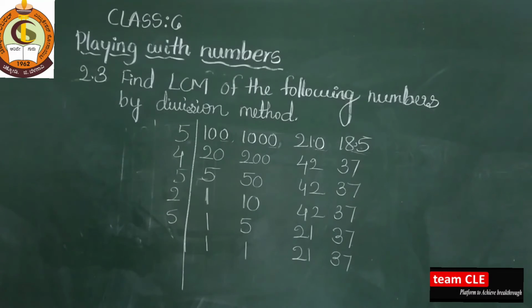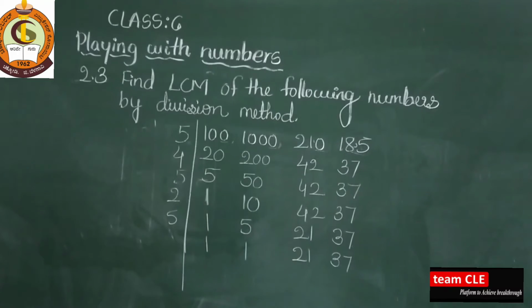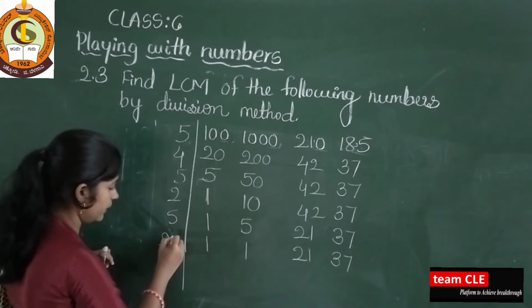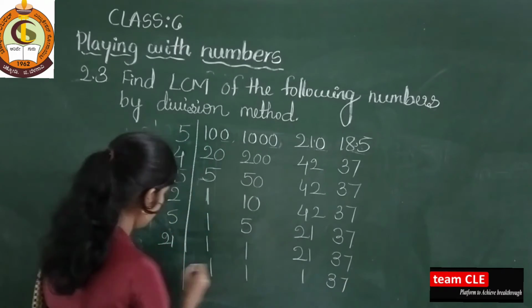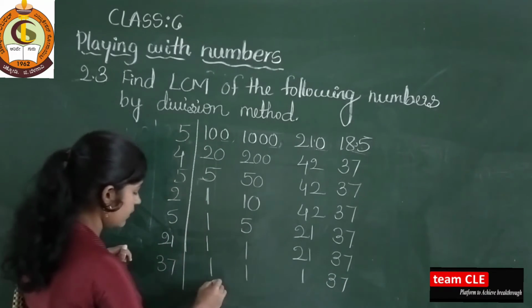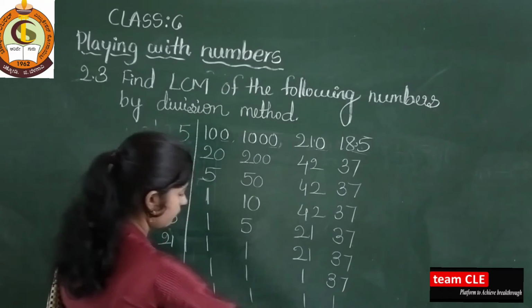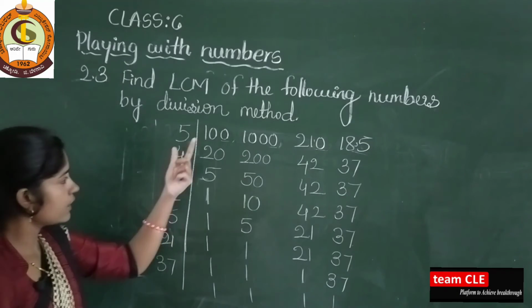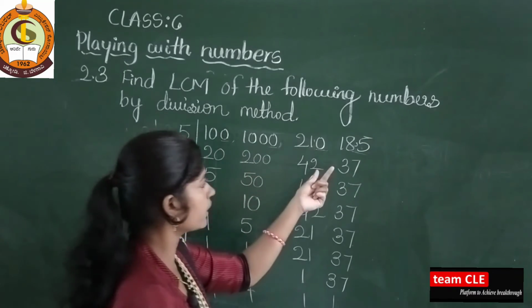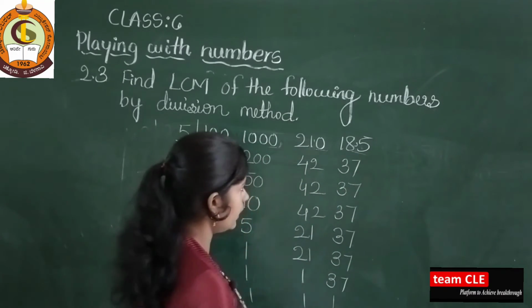Again you take 37. So take 21, 1, 1, 1 and 37. Again take 37, 1, 1, 1 and 1. So these are the factors of 100, 1000, 210 and 185.